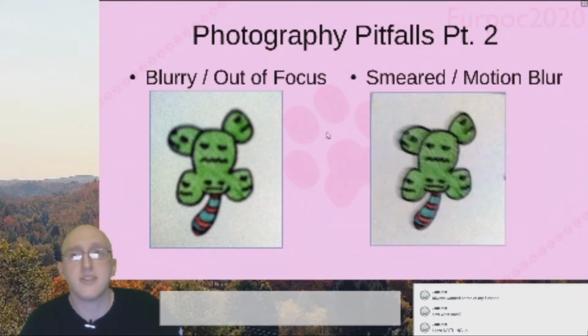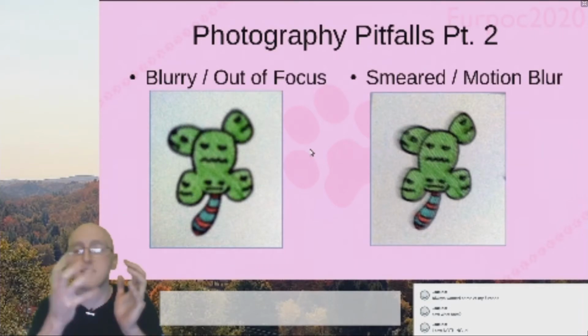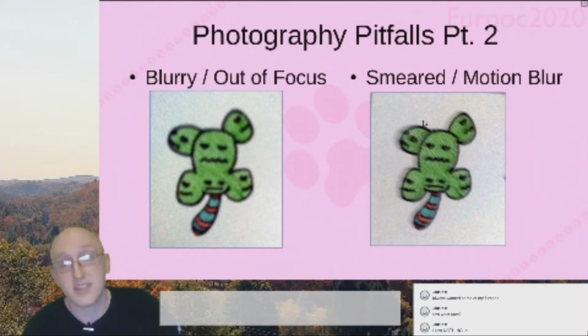Also, smeared motion blur. This also happens when you don't have enough light, because the camera gets technical, but it's going to be using a low shutter speed. So if your hands aren't steady, like mine definitely are not, it's going to be smeared, and that will appear on your final Telegram sticker. You can remove some of it, but it's better to just avoid it.